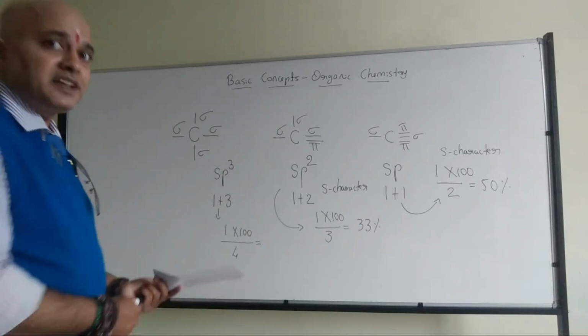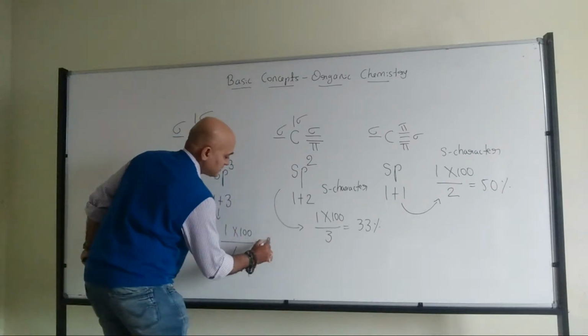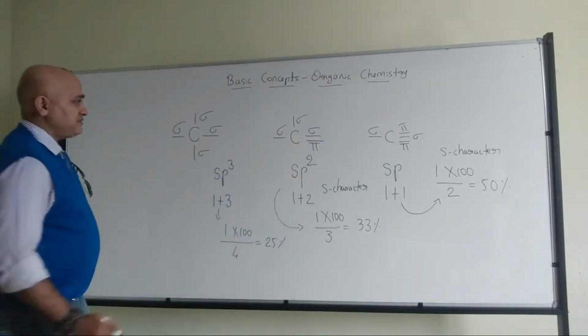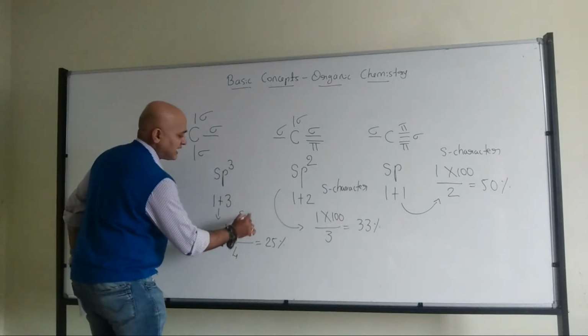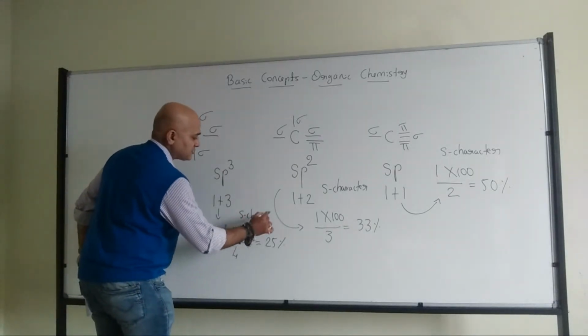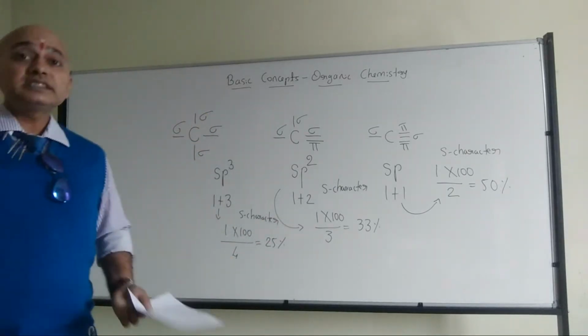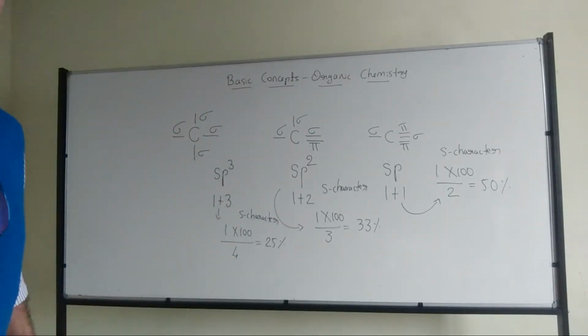It will be somewhere around 25%. That's where we have the s character. So this is how we can calculate the amount of s character.